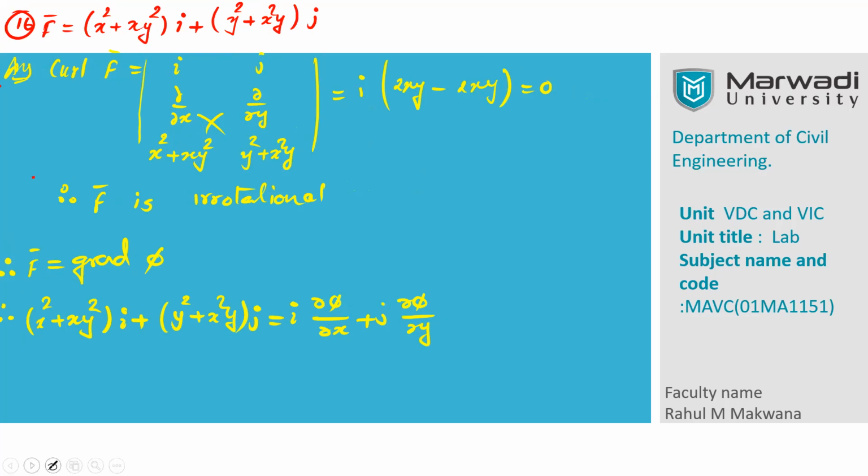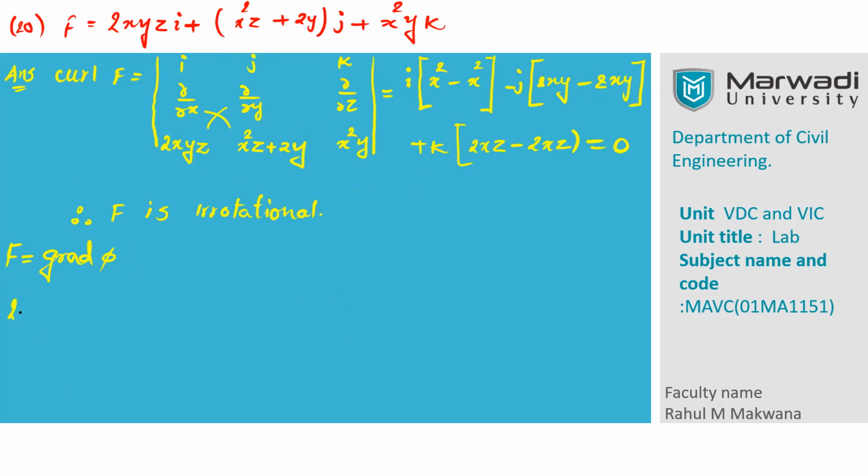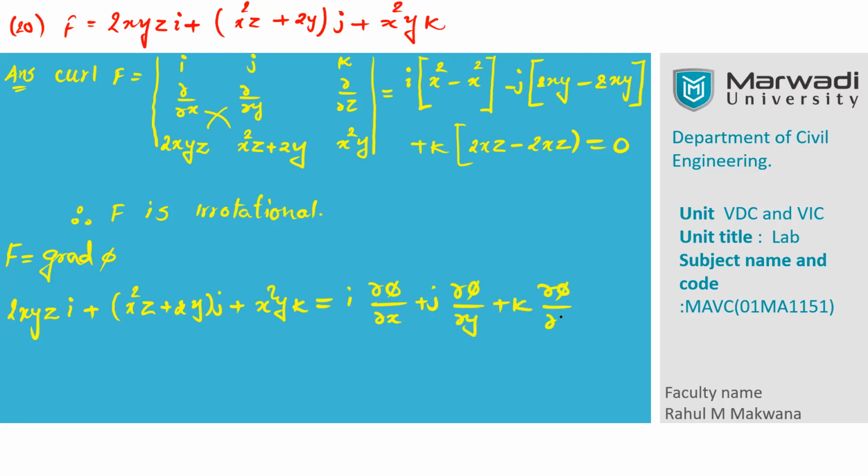It is okay. And here we have 2xyz i, x square z plus 2y j, x square y k is equals to gradient: del phi by del x, del phi by del y, del phi by del z.